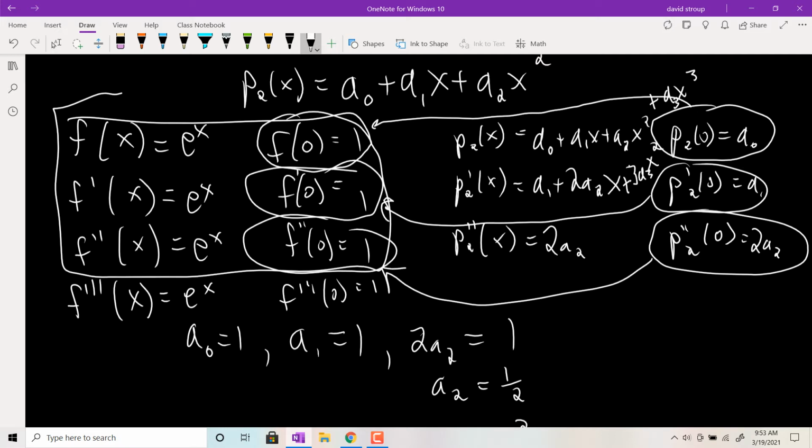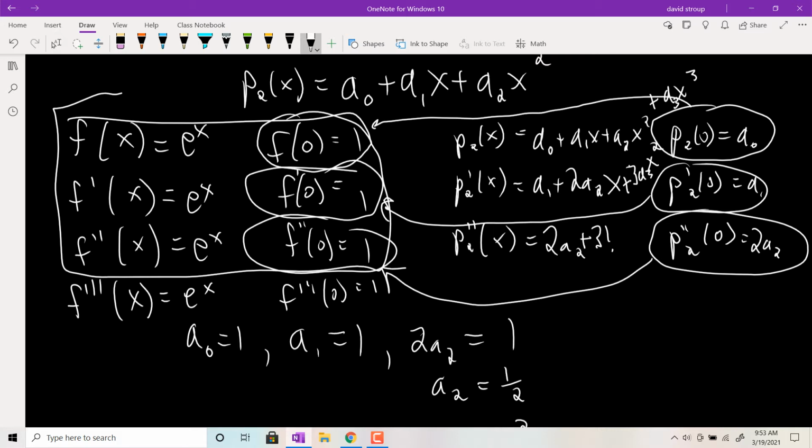And when you plug in 0, you're still going to get a sub 1. And then for the last guy, this will become 6, but I'm going to rewrite it as 3 factorial, because 6 is 3 times 2 times 1, which is 3 factorial, and the factorials occur naturally in these patterns.